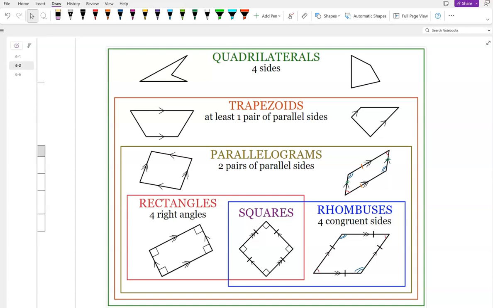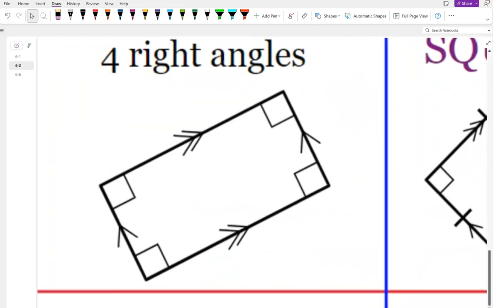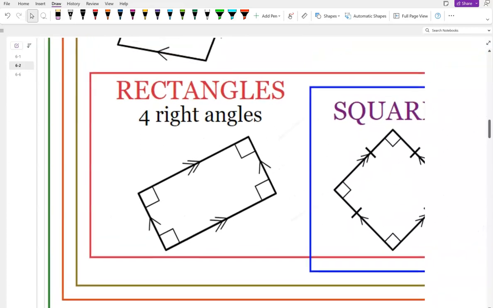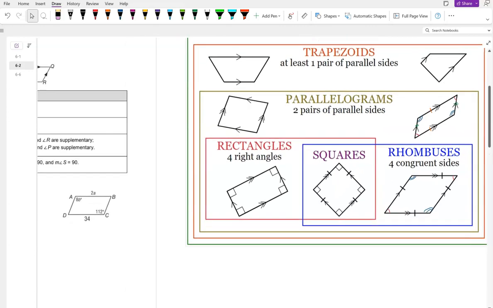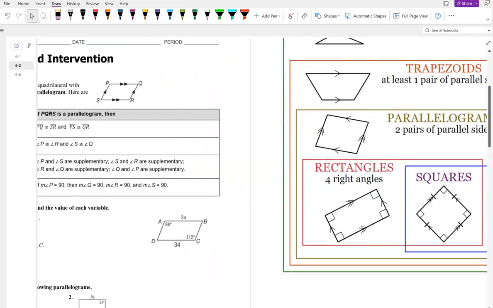You don't want to just say, I think it's a rectangle because it looks like a rectangle. I would say, this is a rectangle because it has two parallel pairs of sides and four right angles. That would be your reasoning for picking that. So make sure you read the answer choices when you do those.